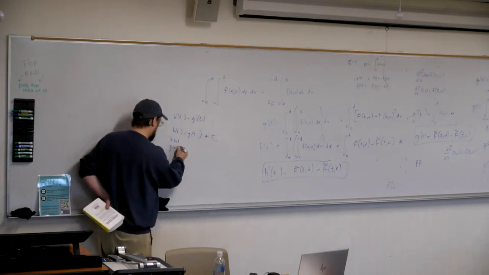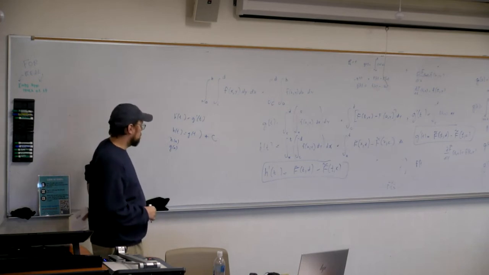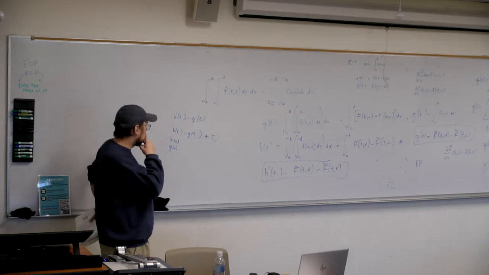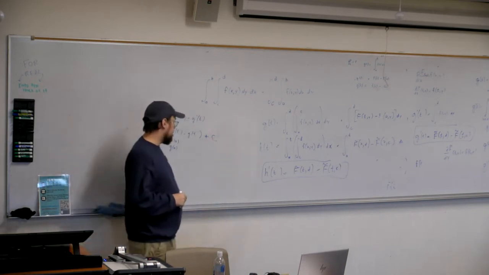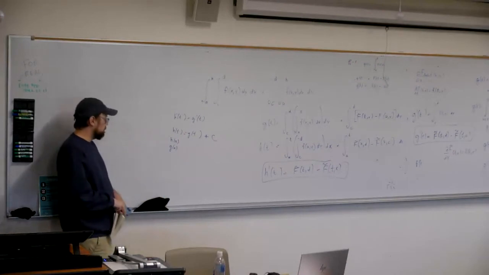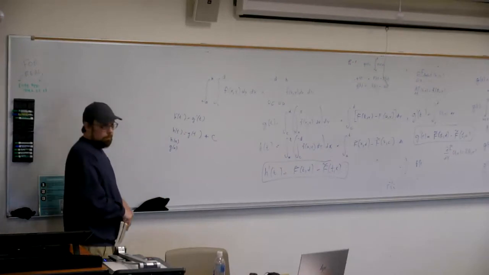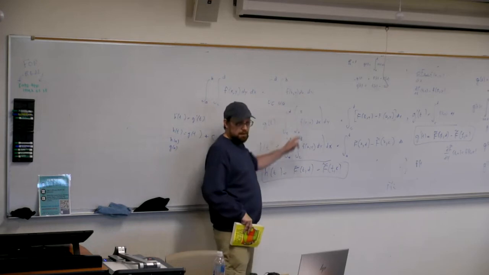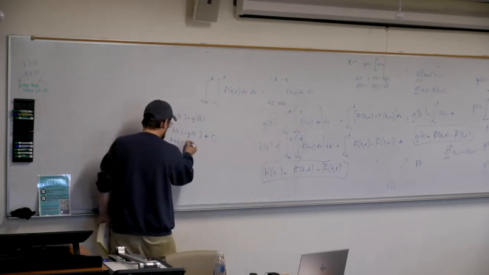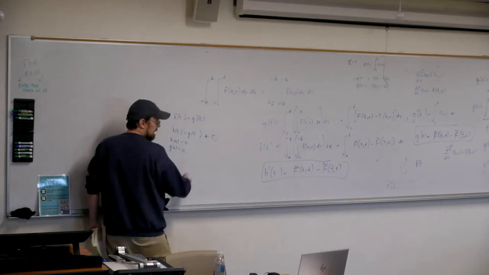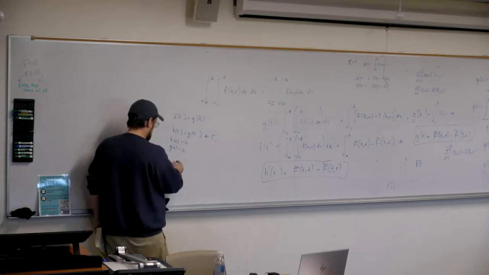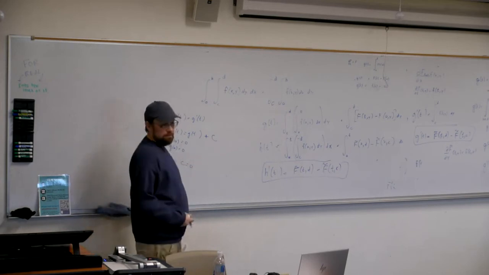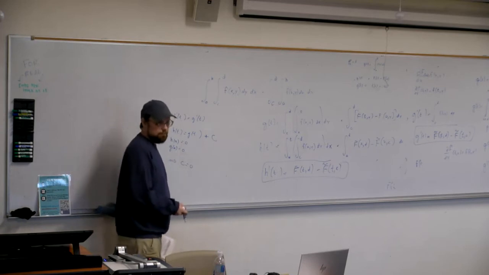What is g at a? It goes from a to a, so that's 0. So we see that c has to be 0. So then h and g are exactly the same function for all t, so they're equal integrals.